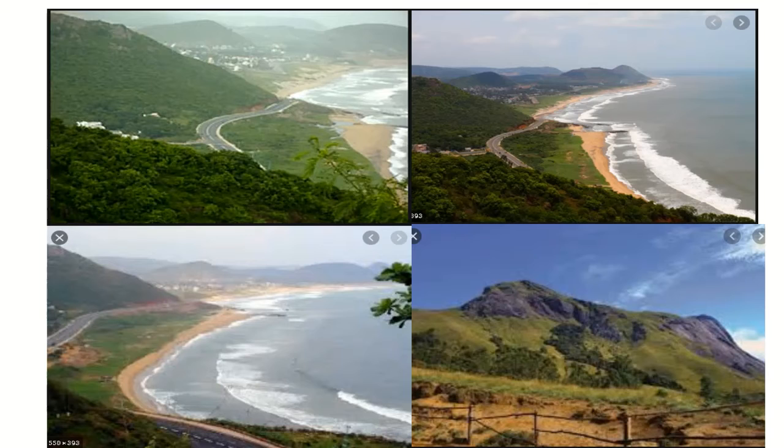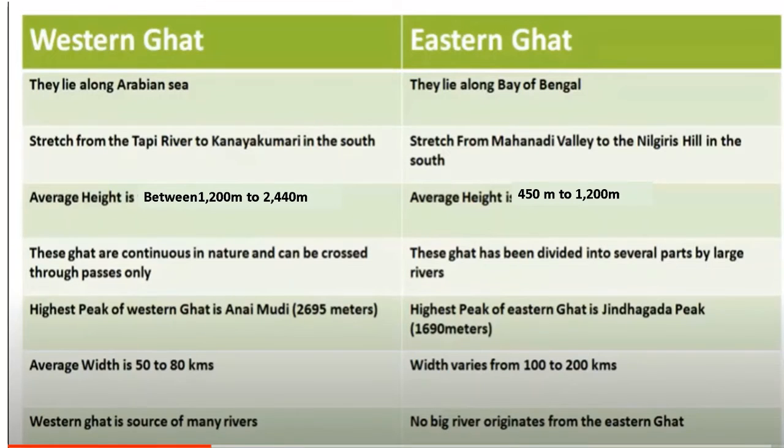This is all about the Western Ghats and the Eastern Ghats in the book. We'll see the difference again. Now the Western Ghats lie along the Arabian Sea, and the Eastern Ghats lie along the Bay of Bengal. The Western Ghats stretch from the Tapi River to Kanyakumari, and the Eastern Ghats from Mahanadi to the Nilgiri Hills. Height is 1200 to 2440 meters for the Western Ghats, and 450 to 1200 meters for the Eastern Ghats. The Western Ghats are continuous and can be crossed by passes only.